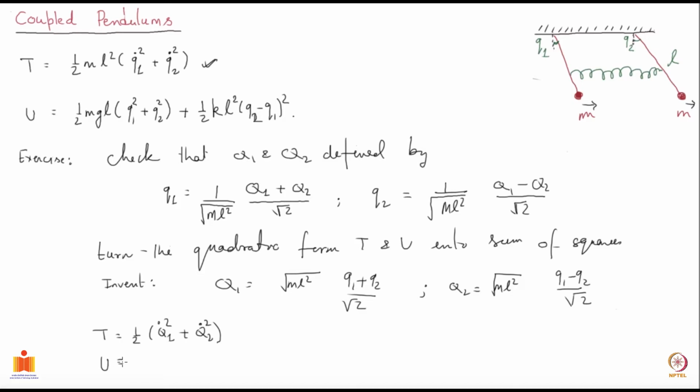But the potential now also becomes a sum of squares, and this is what you should verify: half (G over L) Q1 square plus half (G over L plus 2k over m) Q2 square. And there is no cross term, no cross terms involving Q1 and Q2.